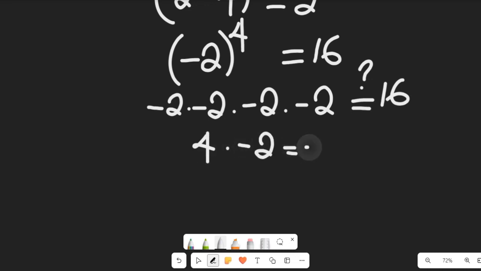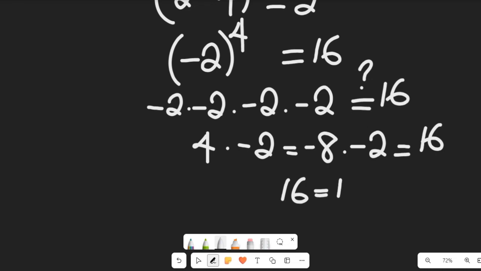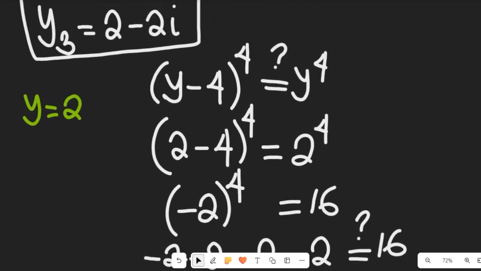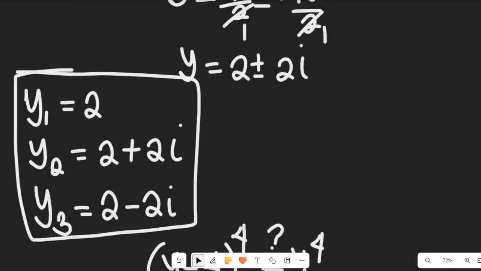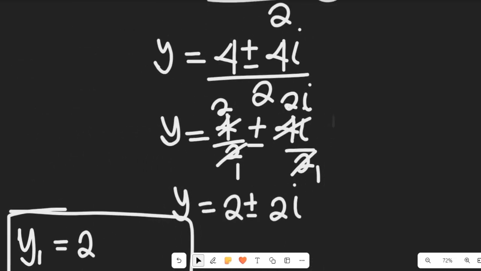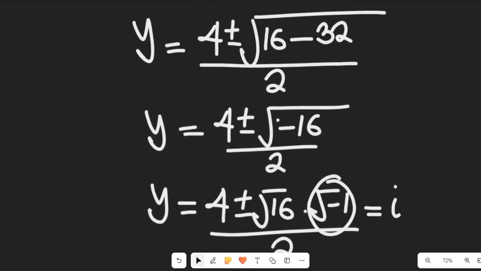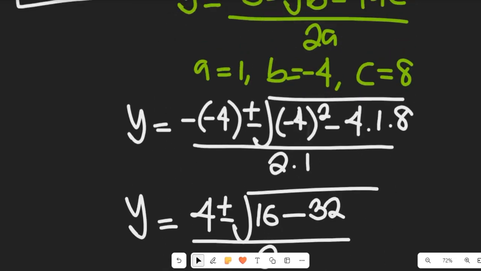That will give us negative 8 and multiply by negative 2, and that will give us positive what? 16. So you see 16 is equal to 16. So that proves to us that the value of y is the only real solution to those exponential equation that is given to us. The other two solutions, y2 and y3, are imaginary solutions to that expression given to us.